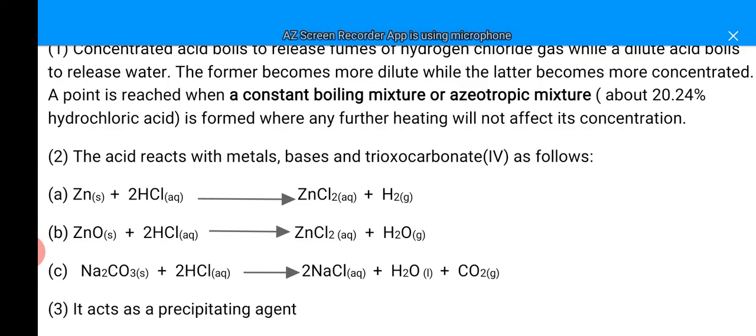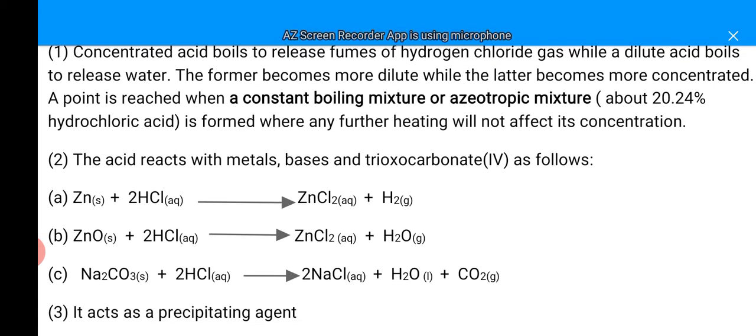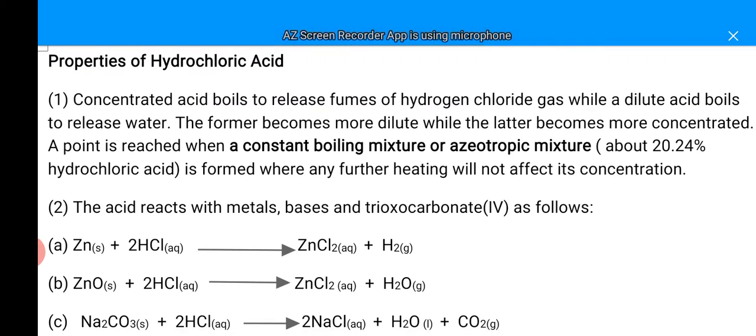Number two property of this hydrochloric acid is that the acid reacts with metals, it reacts with bases, and it can also react with trioxocarbonates as follows. When the acid reacts with metal, it releases hydrogen gas, and we have the chloride of the metal being formed.